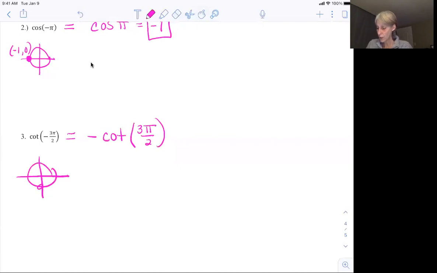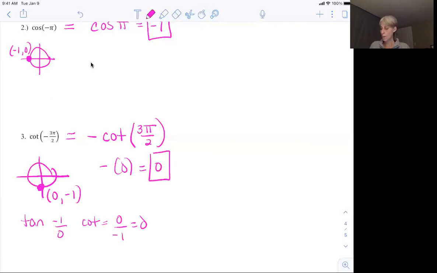So 3 pi over 2 is 0, negative 1. Tangent is sine over cosine. So cotan is going to be cosine over sine. So negative 0 is just going to be 0.